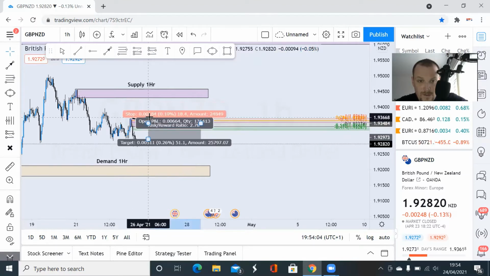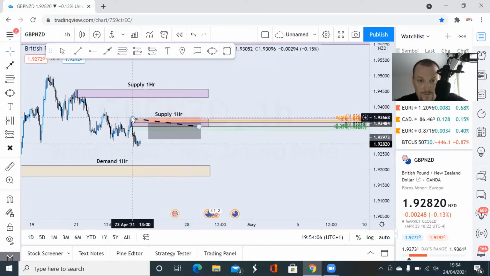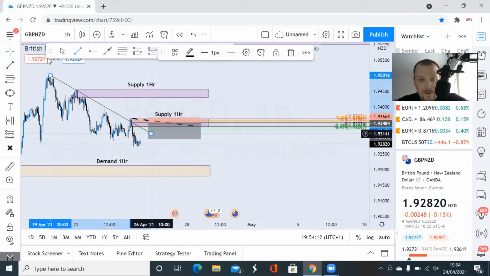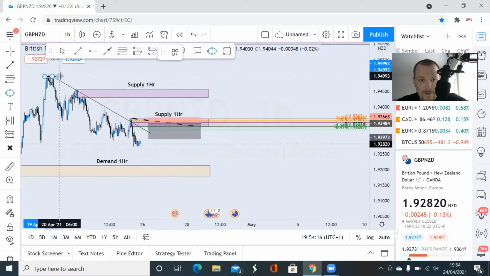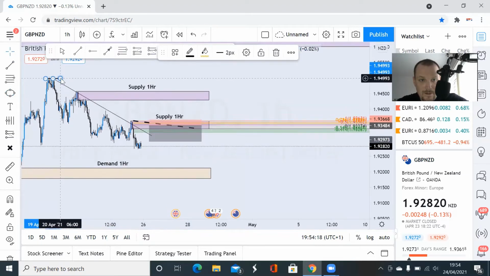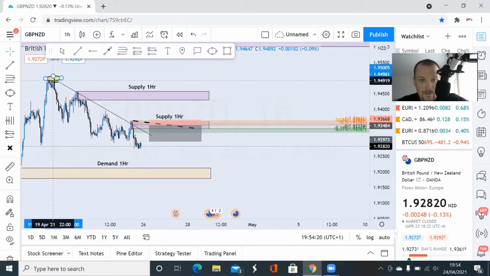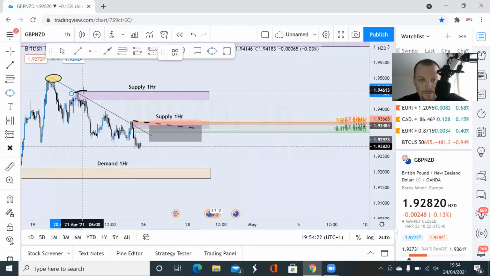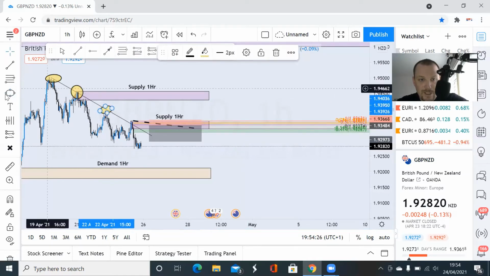Okay, place this just above the area of the last lower high, because as you can see, as this downtrend has come down here, you've got structural points. You got one there, and you get the drift.